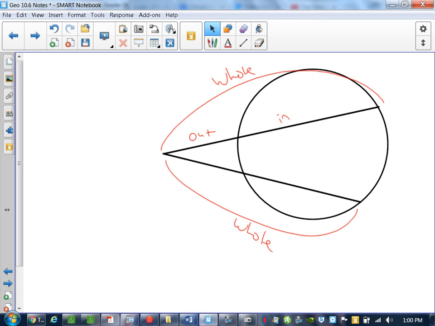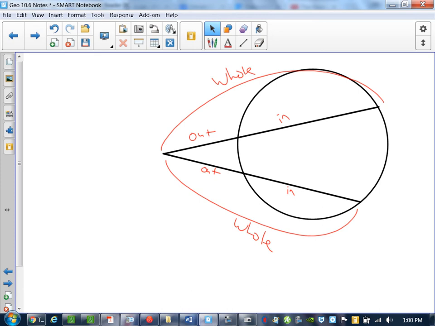You okay with that? And there's another one just like that on the other side. Which means the whole segment is made up of two parts, an outside part and an inside part. So to create the whole, what would you do to the outside and the inside? You just add it together. You okay with that? So here's what I want you to do.